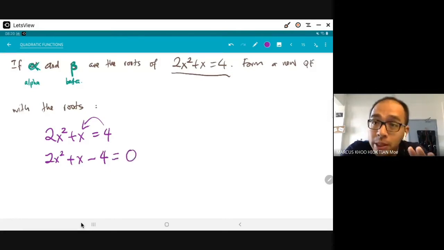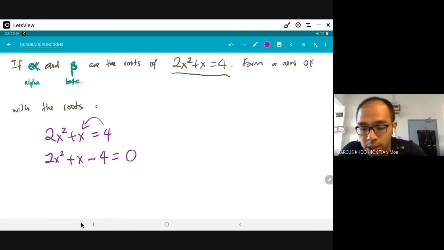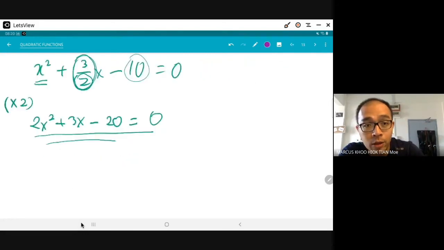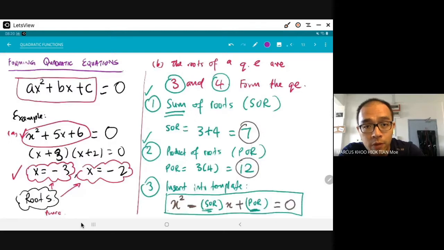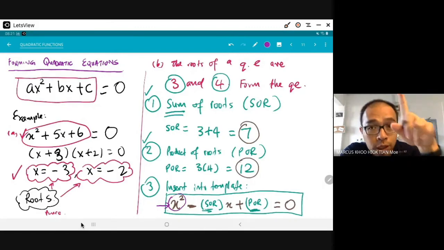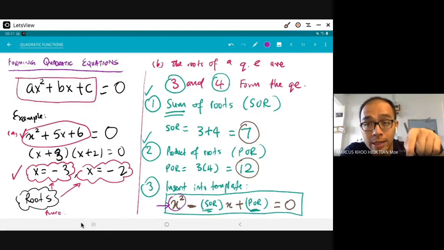But the problem is, for our sum of roots and product of roots, if you remember our template, look at our template. For the sum of roots and product of roots, the number in front of x squared must be 1. Only then can we say that is the sum and that is the product. So this is a very important thing.